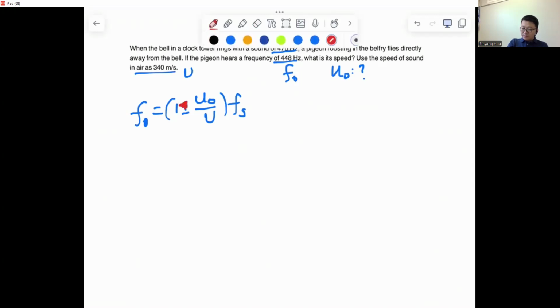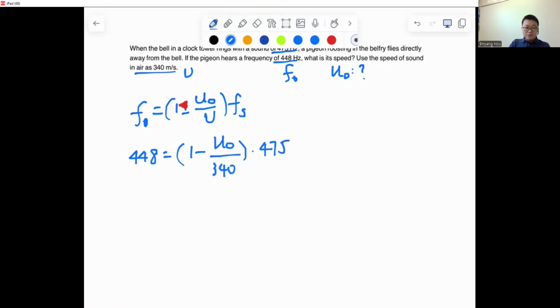We are looking for u of o, so we can just plug in numbers here. 448 hertz heard by the pigeon is equal to 1 minus u of o, which we are looking for, over 340, and this should be in meters per second, so u will be in meters per second, times 475 hertz.